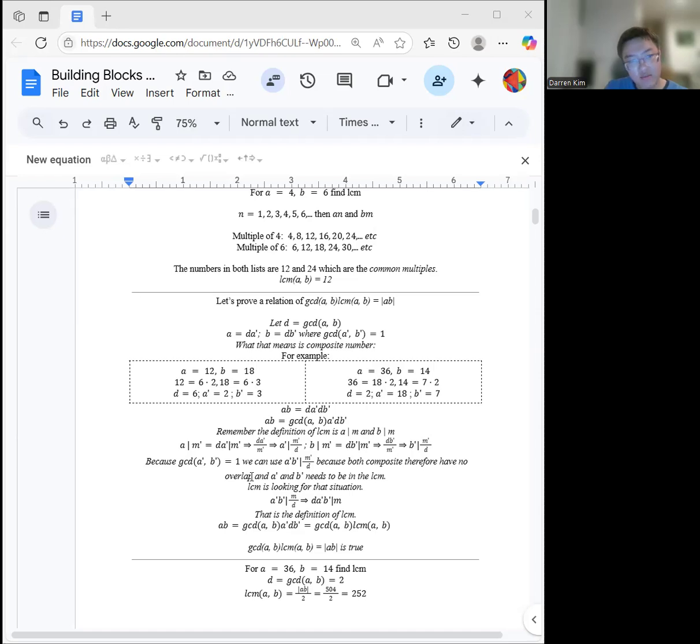We see that D equals 6. D is GCD, as we know. And we know A prime, B prime are composite functions. I call it that. It's not actually called composite, but when you multiply this, it gets you this. When you multiply this, it gets you that.